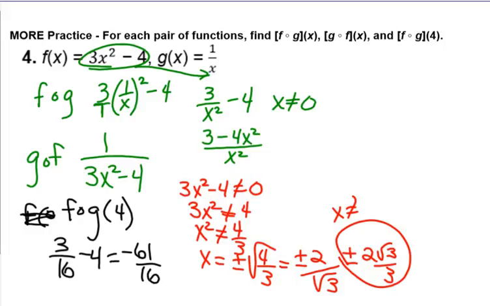Is that not what you got? I squared the number. I put a 4 in here. Oh. This was our answer for f of g. We good?